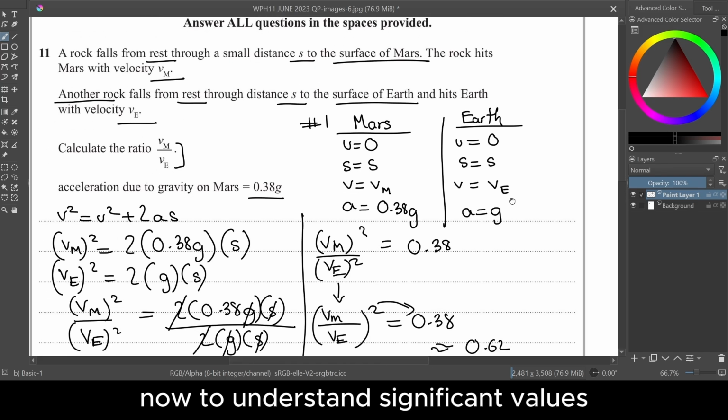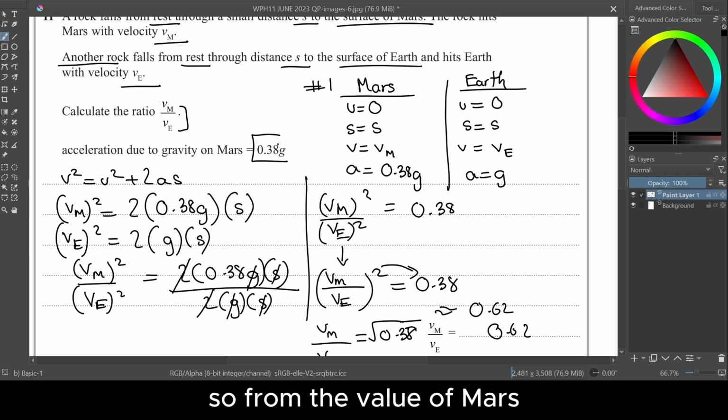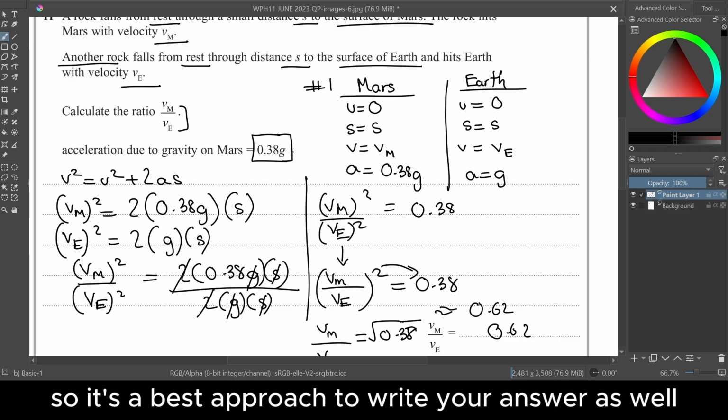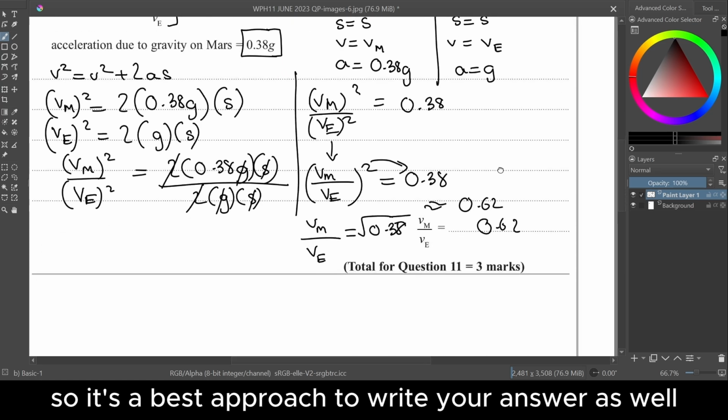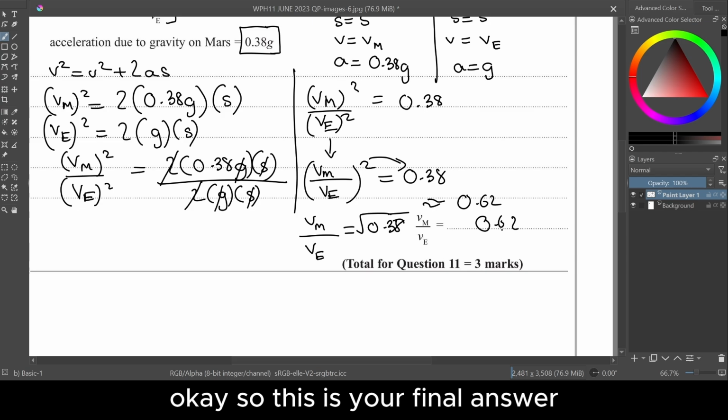To understand significant figures, you just see from the values that you have been given already. From the value for Mars, I can see that they have written it in two significant figures. So it's best to write your answer in two significant figures as well. Okay, so this is your final answer.